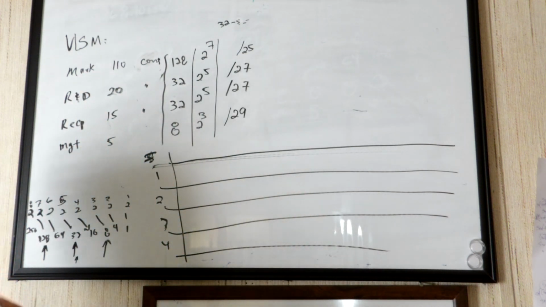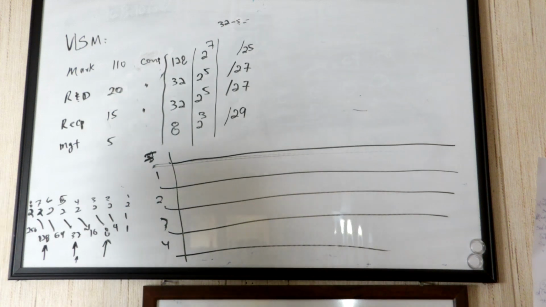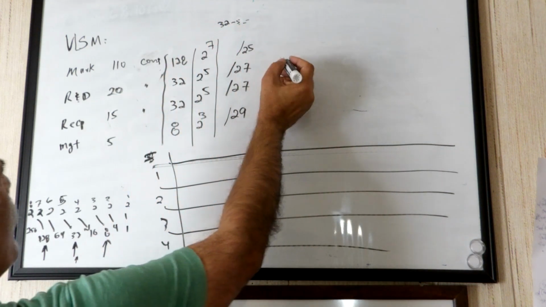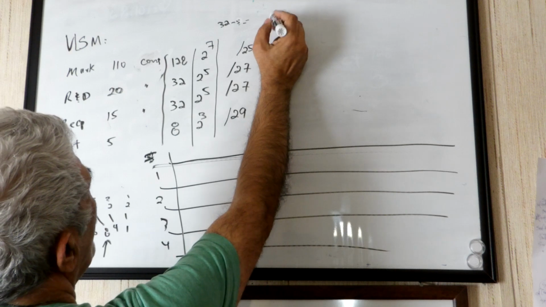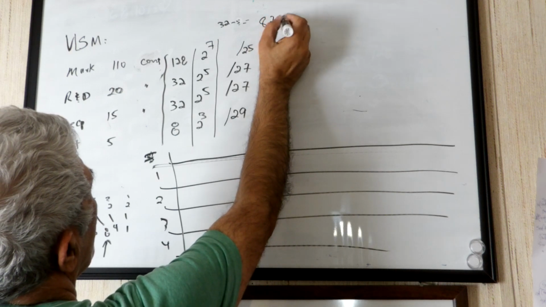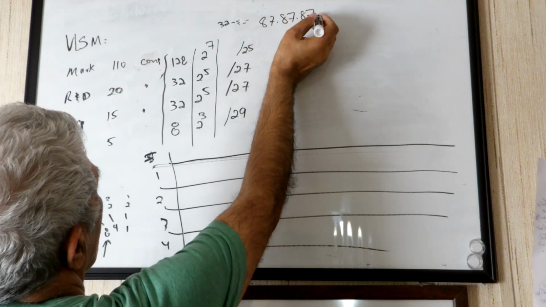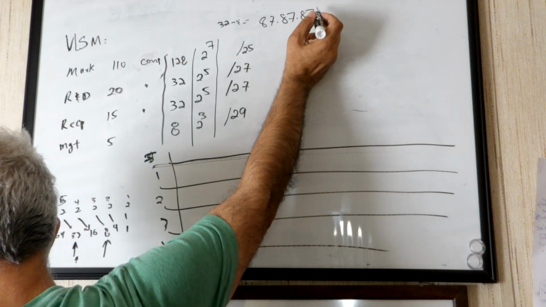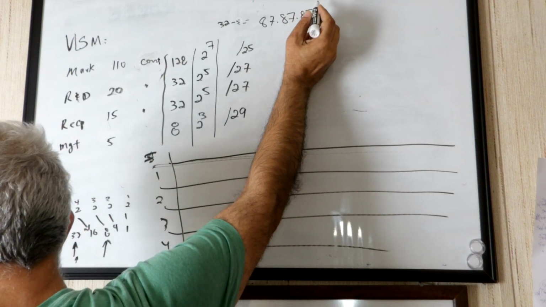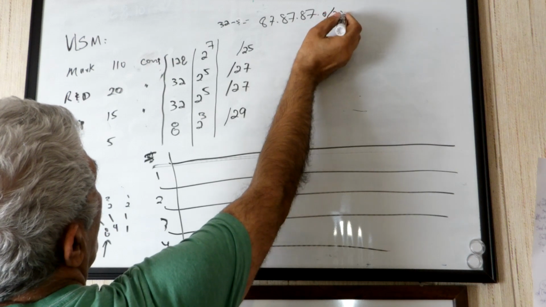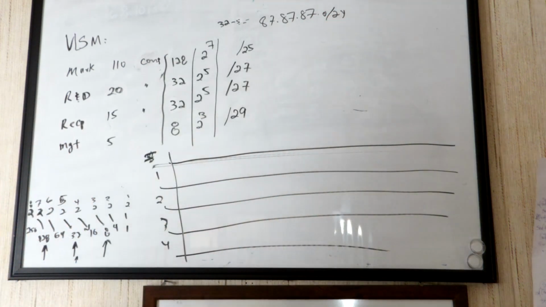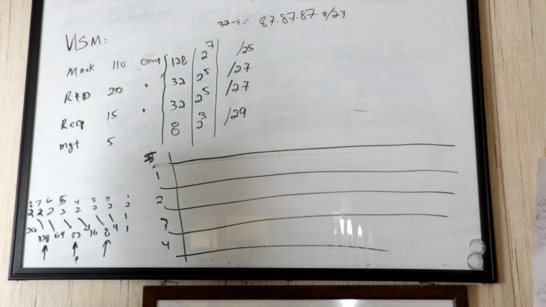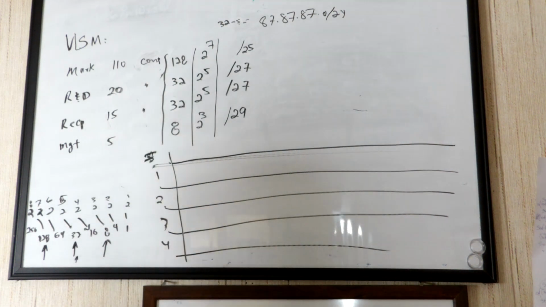So if they give you something like 87.0.0.0/24, okay, you want to write all the subnet masks, first usable host.